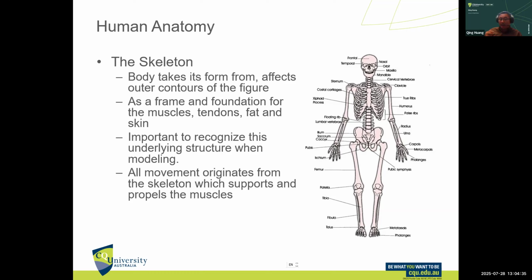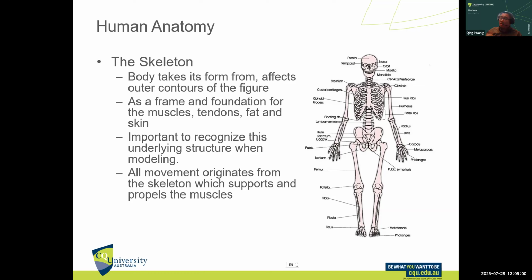And it is important to recognize this underlying structure when modeling. You need to know it inside out and have it at the back of your mind when you sculpt its outer skin. And all movements originate from the skeleton, which supports and propels the muscle.